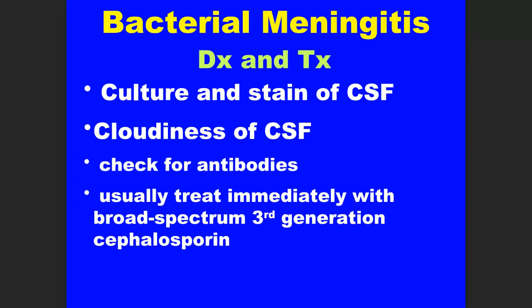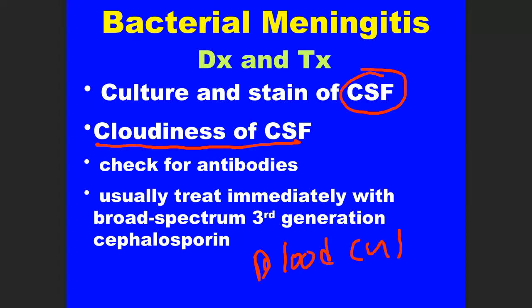As far as diagnosing it, we can culture the cerebrospinal fluid. Normally, the cerebrospinal fluid should look clear. If it appears cloudy, that would indicate infection. You could also use a blood culture. Normally, if you take a sample of a person's blood and put it onto a plate, should anything grow?